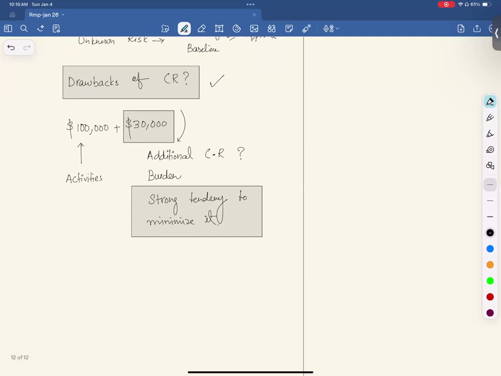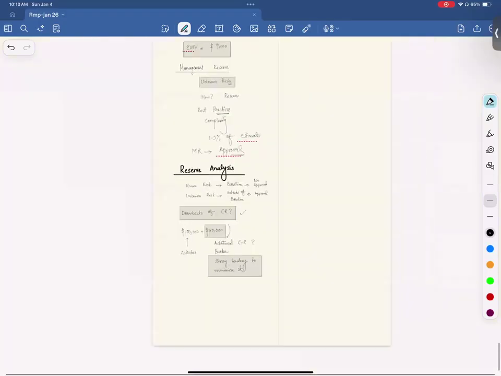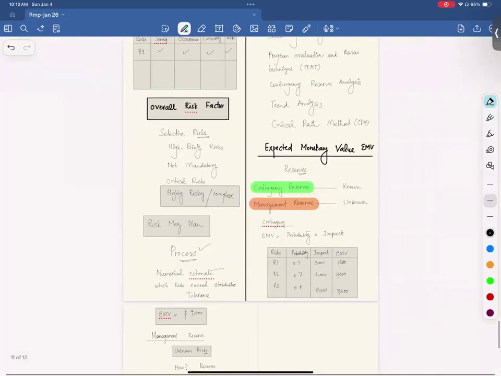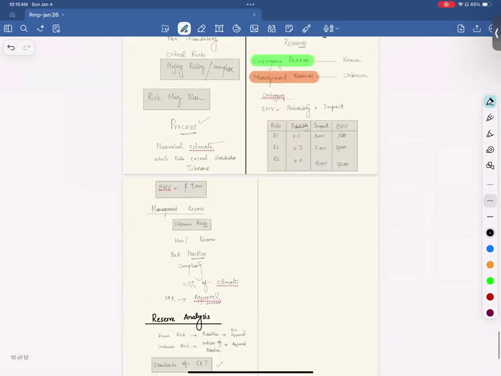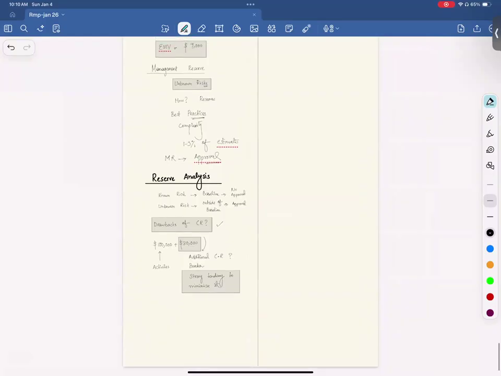Okay. There are other techniques as well that we use in quantitative risk analysis, right? What we discussed so far, we started our discussion with expected monetary value, EMV. And in EMV, we calculate reserves. I also shared another question. Let me try to share it here so that all of you could see it.